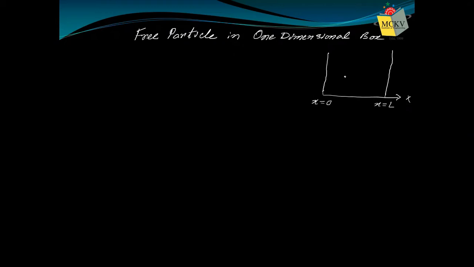We are not bothering about other dimensions because we are already assuming that the particle is entrapped within one dimension only. That is, the particle can make a to and fro motion within this box only. That means this is the region within which the particle can go on.